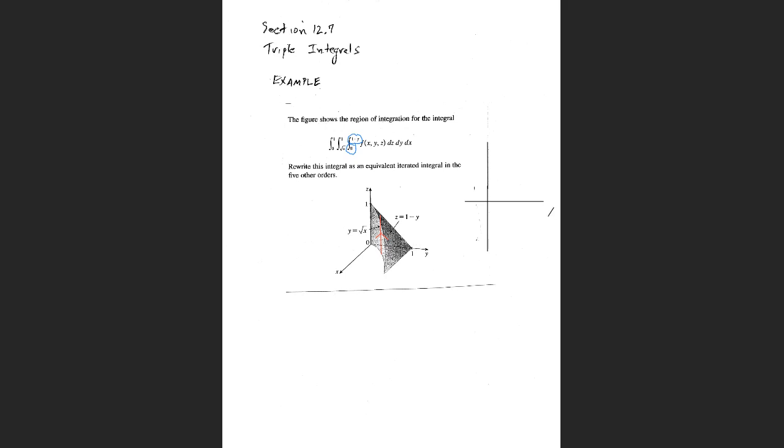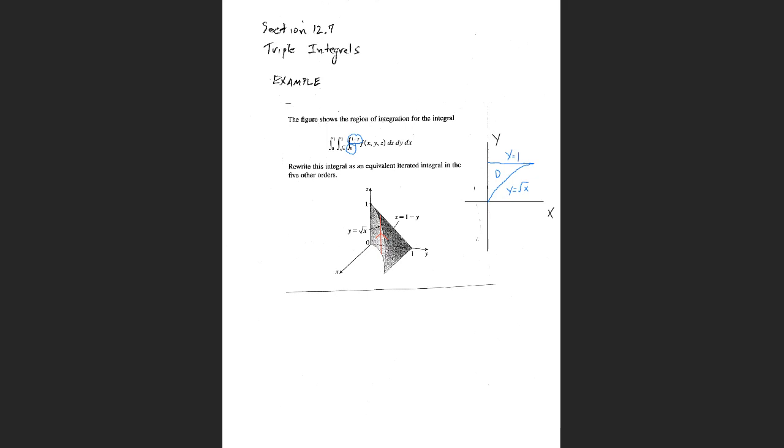Okay, so here's the x, y plane. If you projected that solid down into the xy plane, region D would look like this. That would be your region D, bounded below by the function y equals square root of x, and bounded above by the line y equals 1.